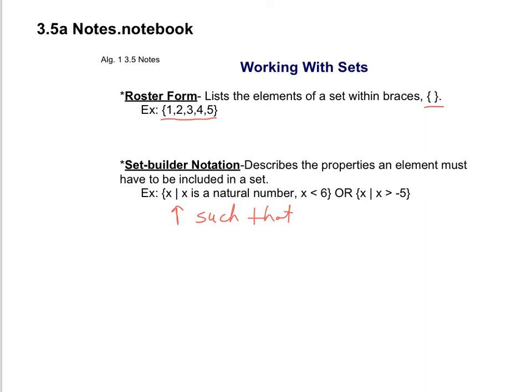We also have another example. So x such that, again that symbol there means such that, x is greater than -5.